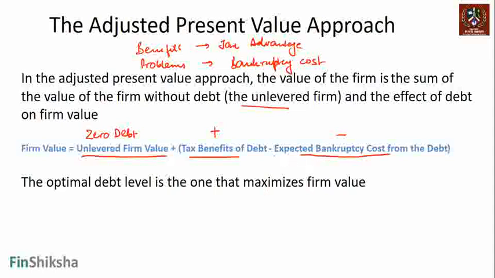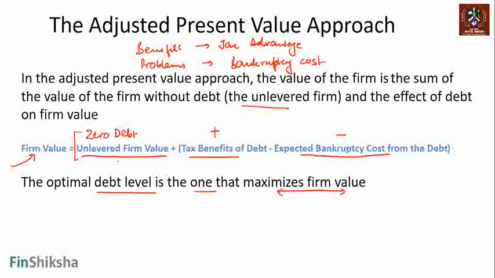The negative impacts have to be subtracted, and the positive have to be added. If we can arrive at this, that's going to be the firm value. And the optimal debt level is the one that will maximize the firm value, correct? So the level at which the firm value gets maximized is the optimal debt level. That's the broad construct of how we work here.